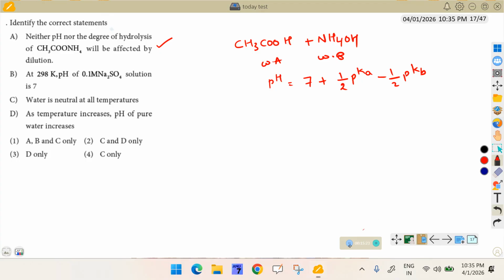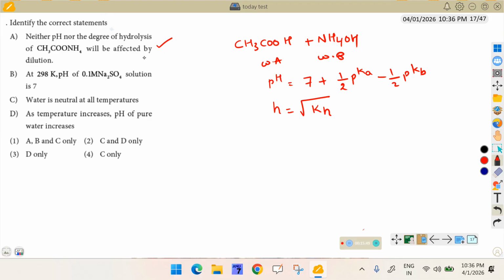So, not affected because the concentration term is absent here. And one more, hydrolysis constant: for a salt of weak acid and weak base, the degree of hydrolysis h is equal to square root of Kh.